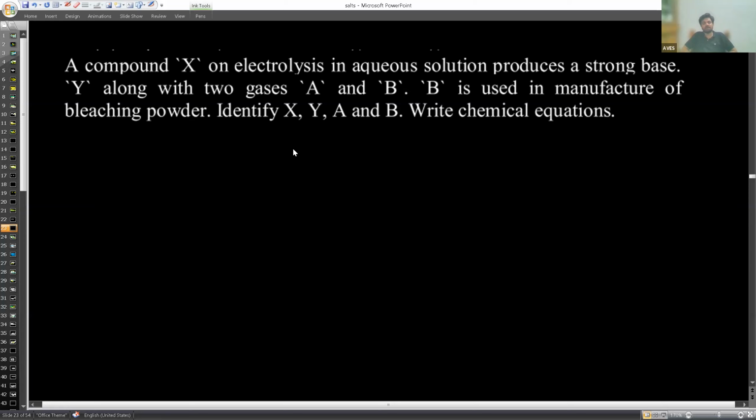Sorry, A, B are gases and X, Y are compounds. We have done this question in the previous class also. Yes, Arshit, can you answer me? What is X, what is Y, what is A and what is B?